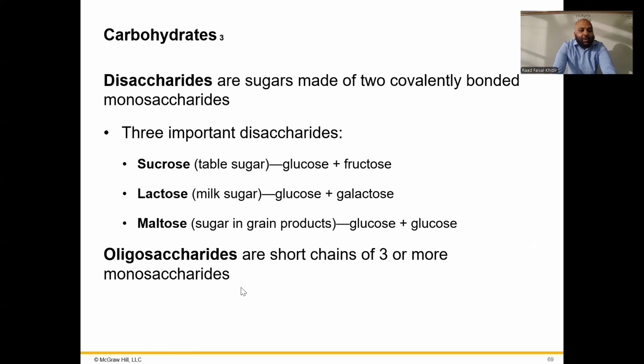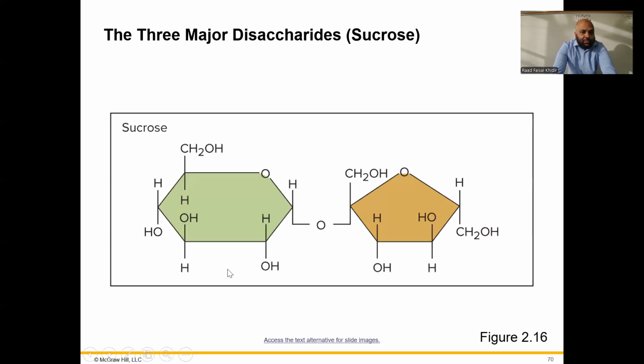So oligosaccharides are short chains of 3 or more monosaccharides. So you see sucrose, we cleave it at the bottom. We cleave the two monosaccharides that make up sucrose with what?